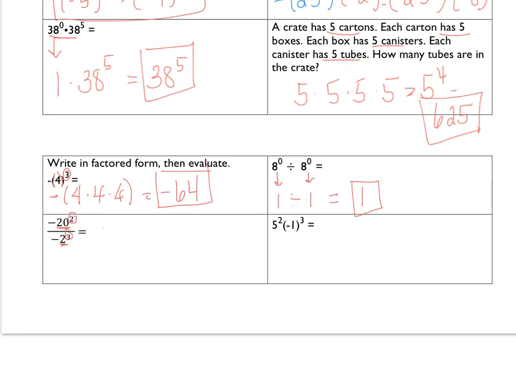So this would look like negative 20 times 20 over negative 2 times 2 times 2 equals negative 400 over negative 8. Negative and a negative, that's going to make that positive. So that's going to be a positive 50.